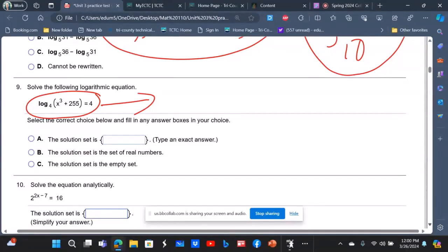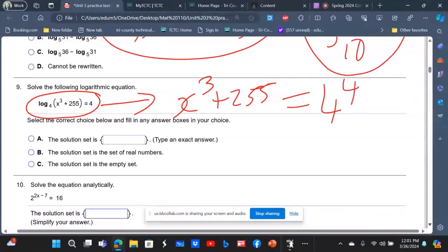The argument of this is x to the power 3 plus 255, and it's equal to 4 to the power 4, which is 256.